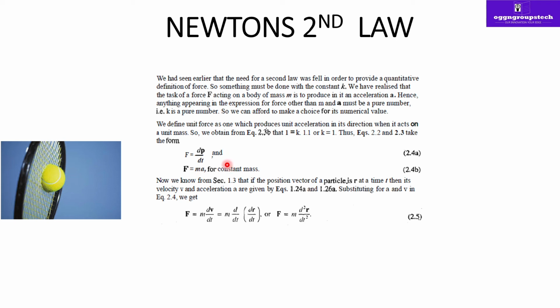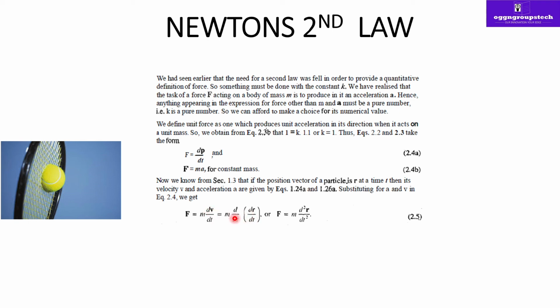Done with this. Now if I want to write this expression in terms of position vectors, so how I will write? We know the velocity is dr by dt. So m dv by dt is equals to, so we are substituting v is what? dr by dt.